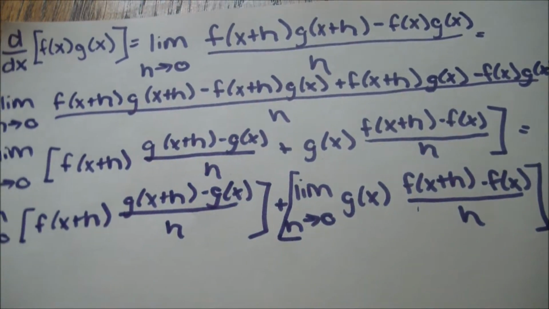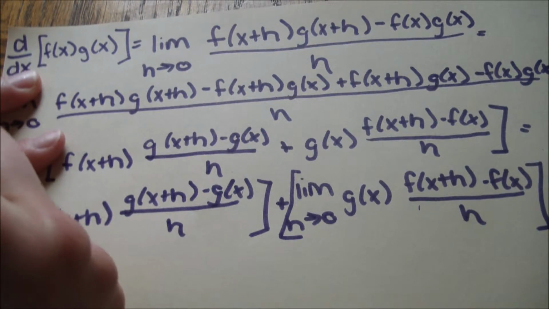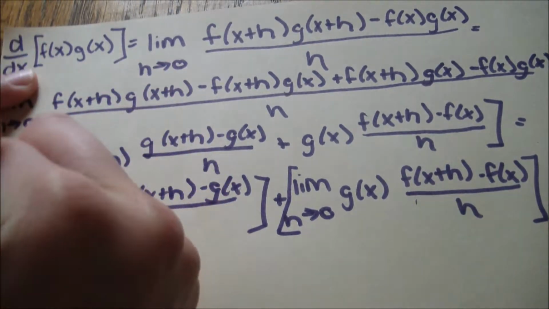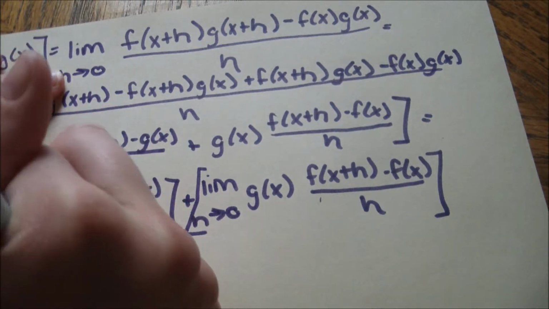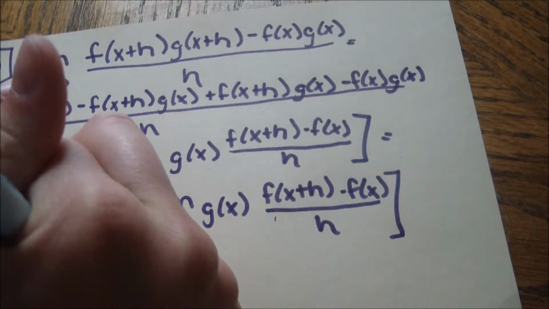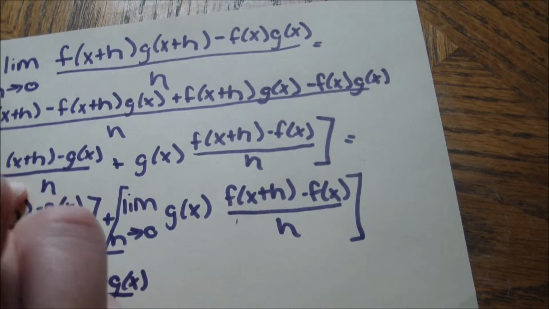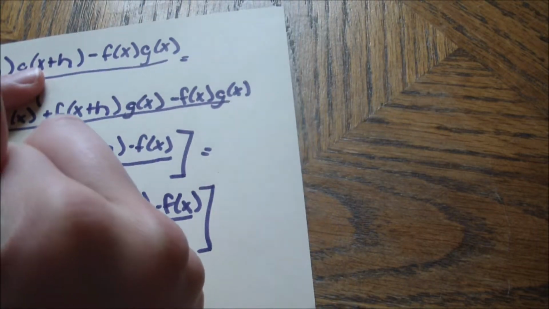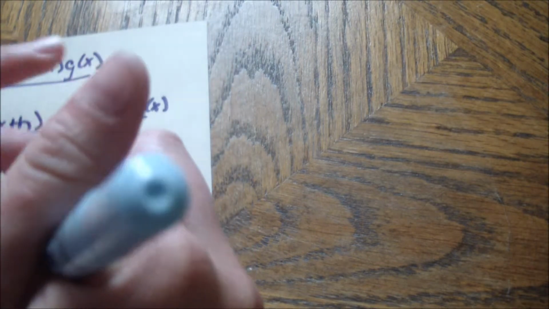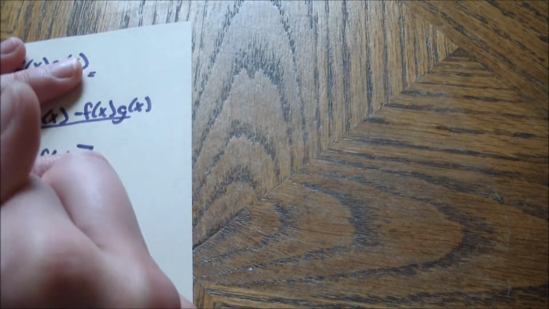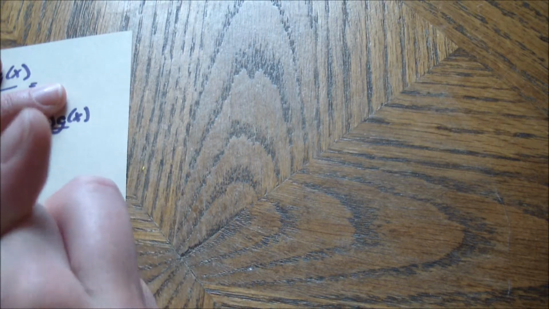Now we have two different limit definition functions. And then we'll simplify that a little more, and that gives us the limit as h approaches 0 of f of x plus h times the limit as h approaches 0 of g of x plus h minus g of x over h, plus the limit as h approaches 0 of g of x times the limit as h approaches 0 of f of x plus h minus f of x over h.